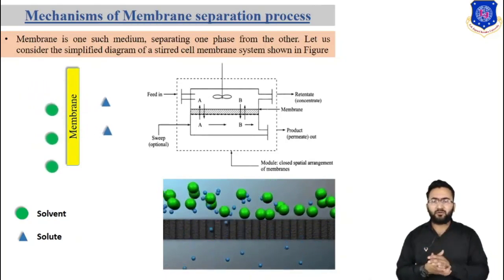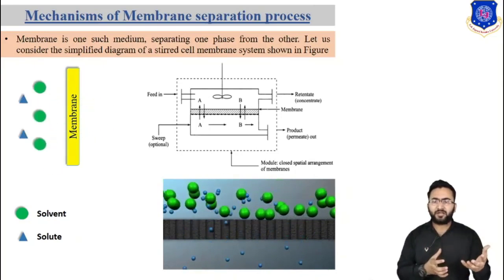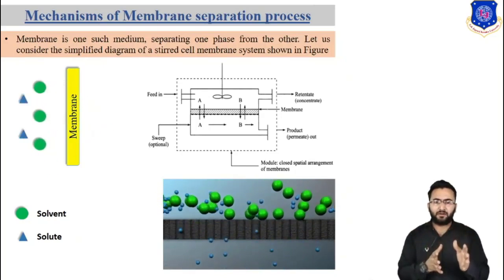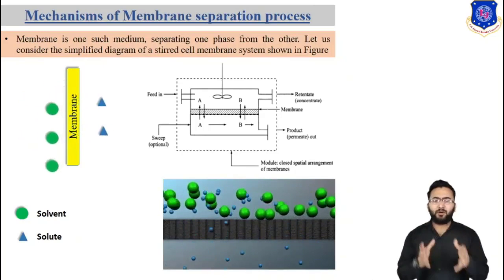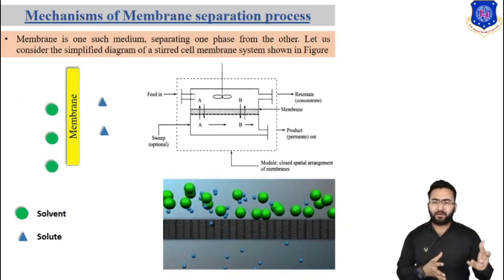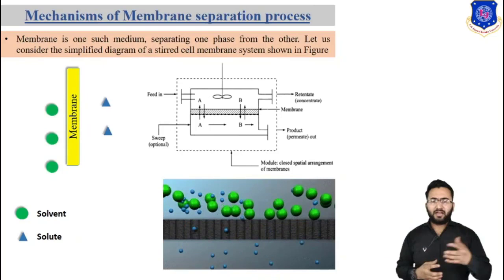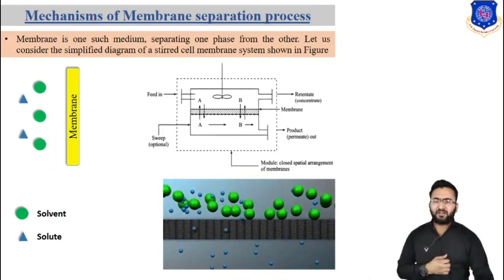The feed composed of component A and component B enters the upper chamber and flows over the membrane. Part of the feed stream is transferred to the lower chamber. With a perfect membrane, only component A will be transferred through the membrane, while component B remains in the upper chamber. Either component A or B may be the desired product. The agitator is used to improve the mass transfer rate for the component.